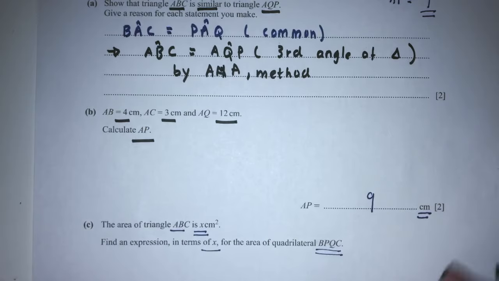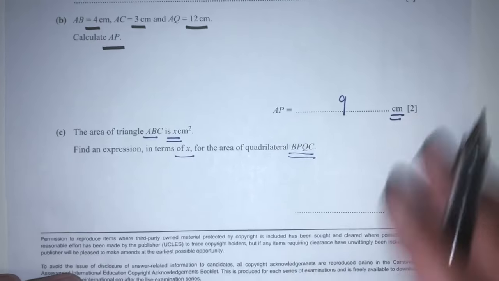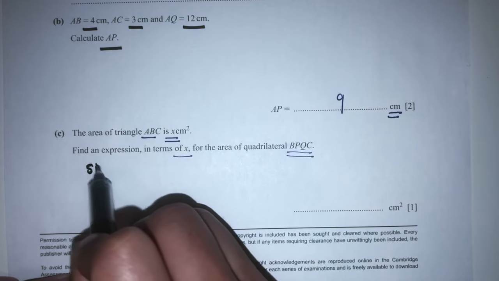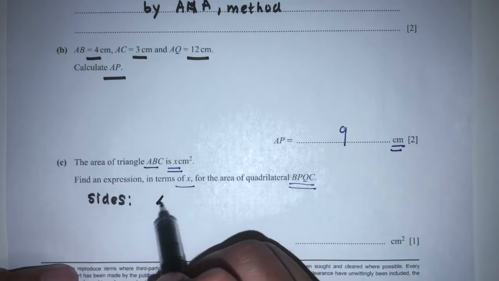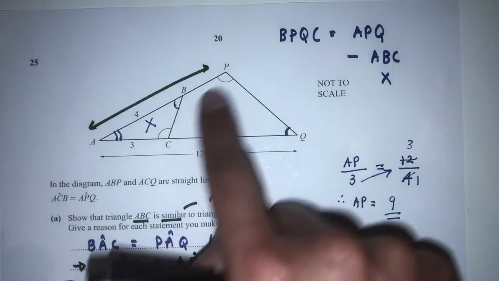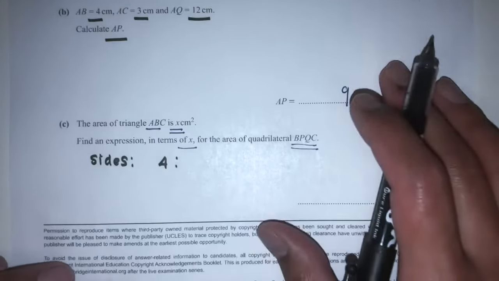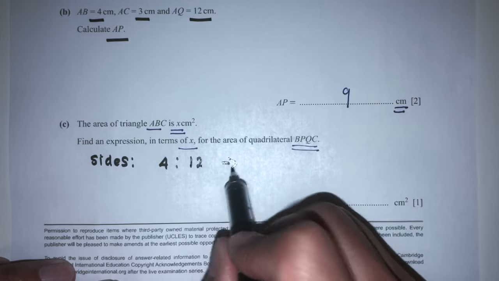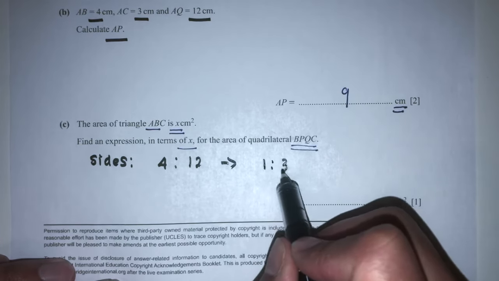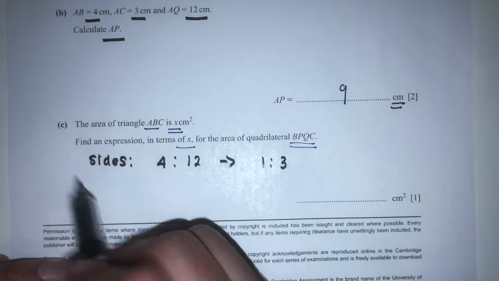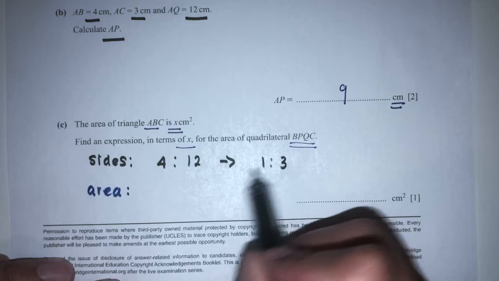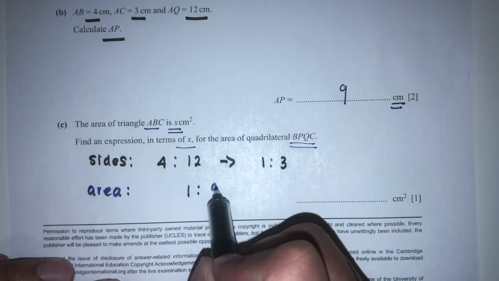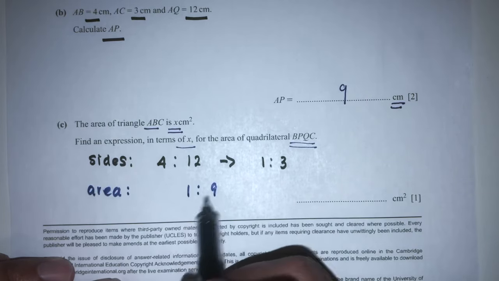By using similarity, we can find the area. First, let's write down the ratio of the sides. Opposite this angle, we have 4 for the small triangle. The same angle is this one, opposite will be 12. So simplified, it is 1 to 3. That's the ratio of their sides. Now what is the ratio of their areas? We have to square these, so it will be 1 to 9.